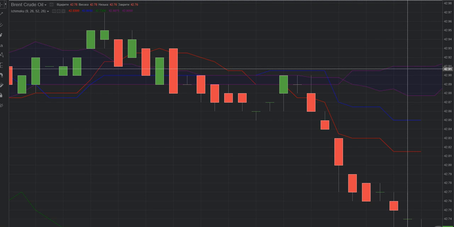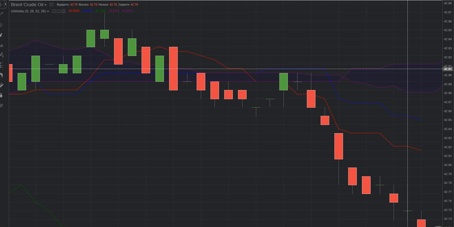When the price is above the baseline, it means the price is above the 26 period midpoint and therefore has an upward bias. If the price is below the baseline, it is below the midpoint price and therefore has a downward bias. An increasing slope of the baseline indicates an upward trend.